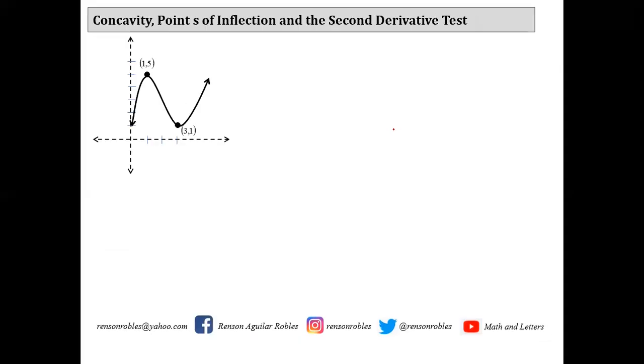Another characteristic of the graph of the function is its concavity. The concavity will determine whether the function is concave upward or concave downward. Let us take into consideration the point (1, 5). Here you can observe that the function is concave downward because (1, 5) is a relative maximum, and at (3, 1), since it is a relative minimum, the function is concave upward.